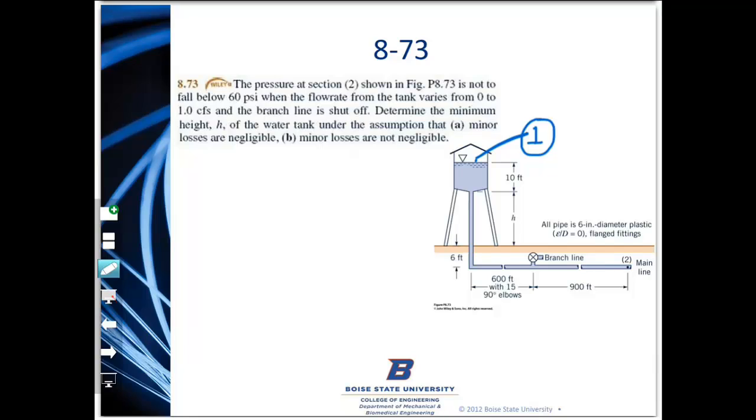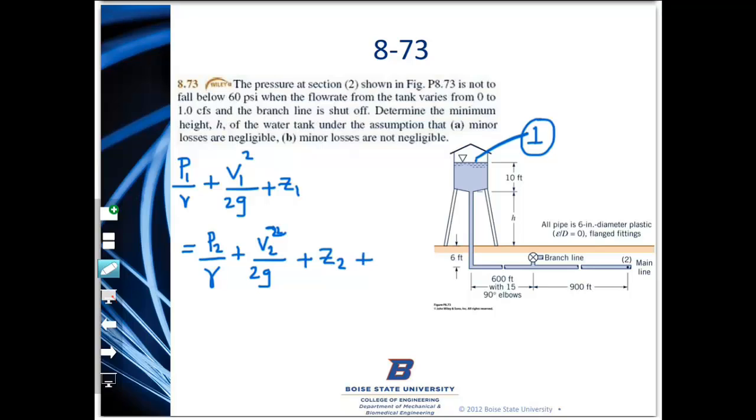So if I now write the energy equation between 1 and 2: P1 over gamma plus V1 square over 2G plus Z1 equals P2 over gamma plus V2 square over 2G plus Z2 plus HL, which is the total head loss.